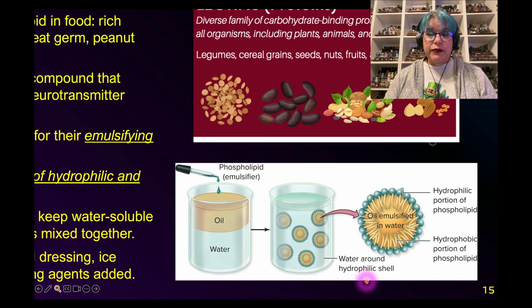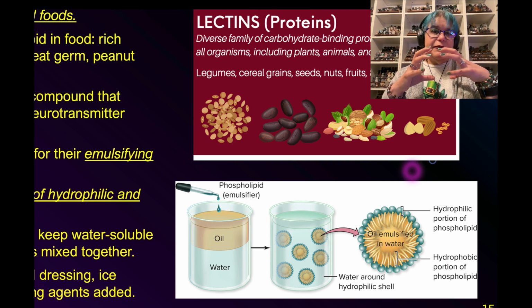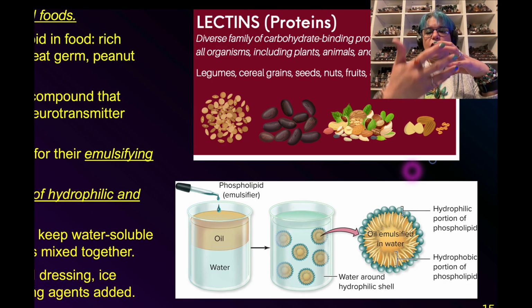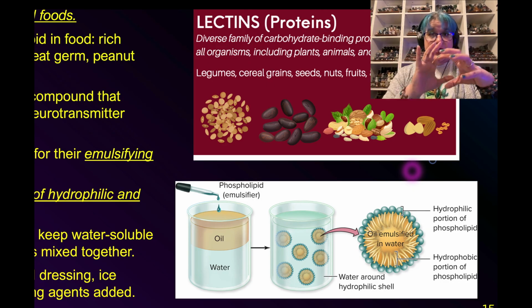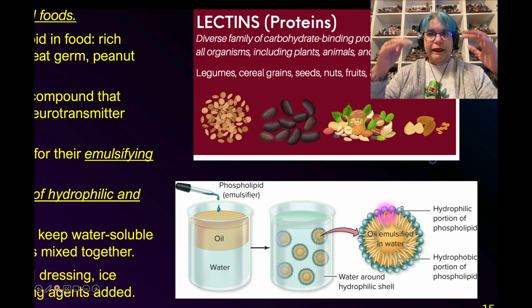So I'm going to blow this up so we can look at it. I want you to notice that the heads are all out on the outside and the tails are all in the middle. So I want you to imagine a basketball, okay, an empty basketball. And all along the outside where I can touch is going to be where all of these heads are going to be.